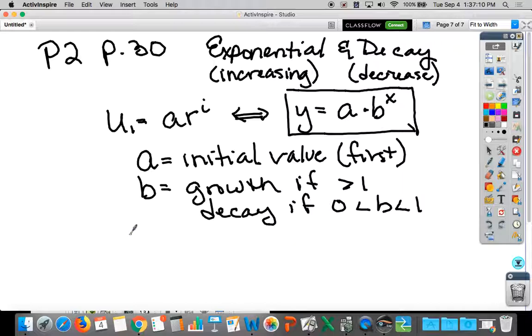So then the x, this represents your time units after the start.